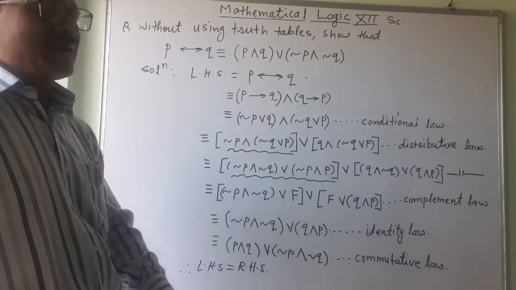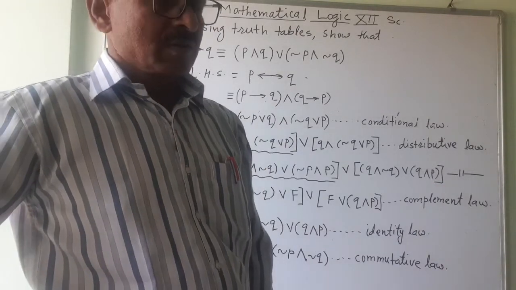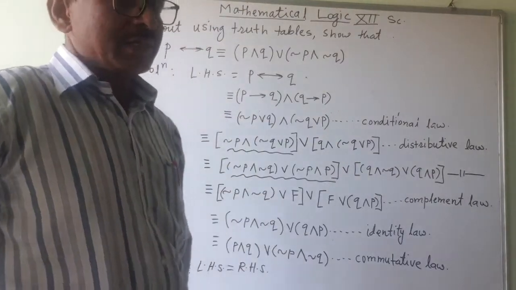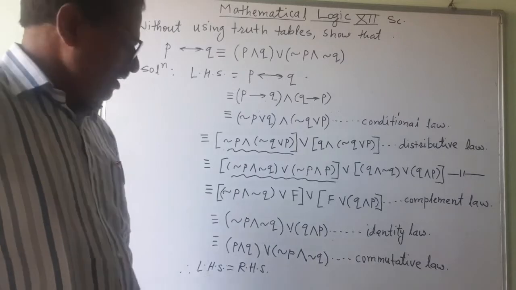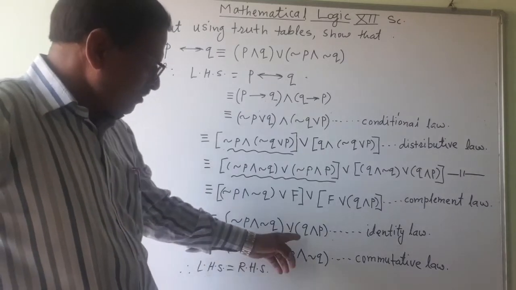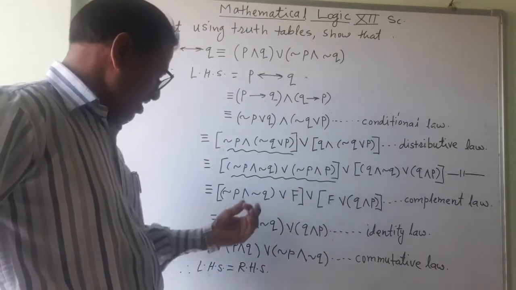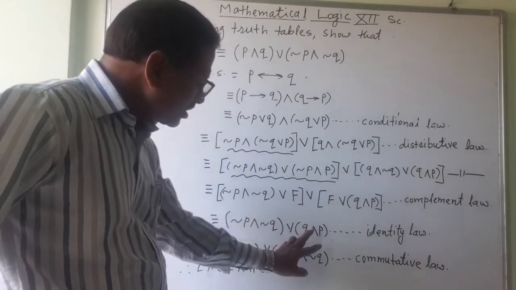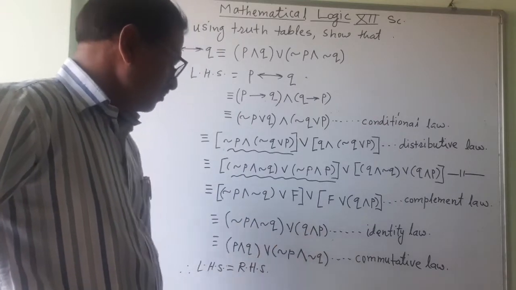Commutation. What is meant by commutation? To commute means to go to some place, to shift the place. That is known as commutation. It means I can shift the places of this Q and P. In that also I can interchange them, P and Q. Why?